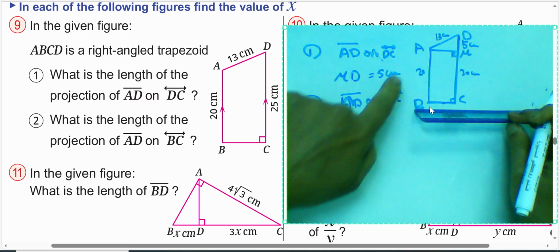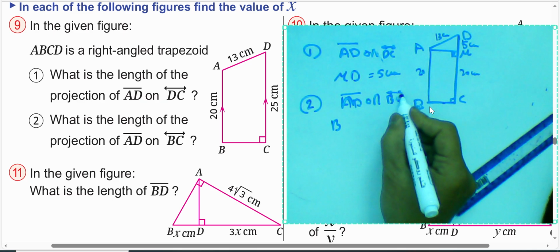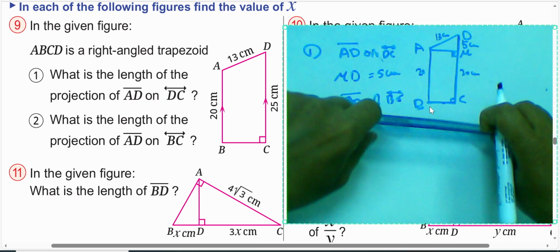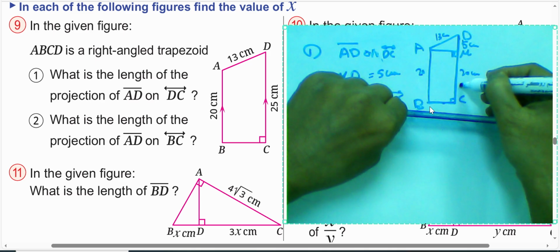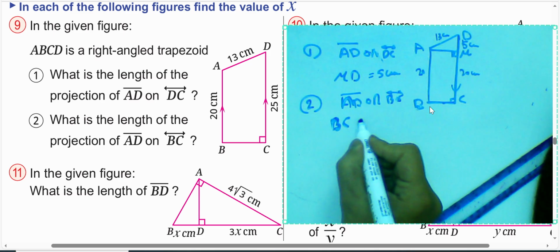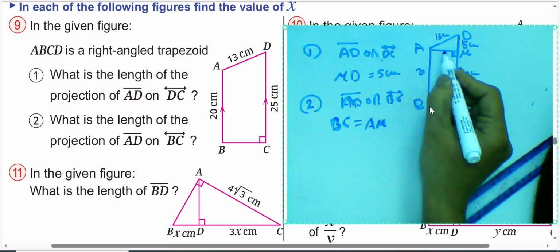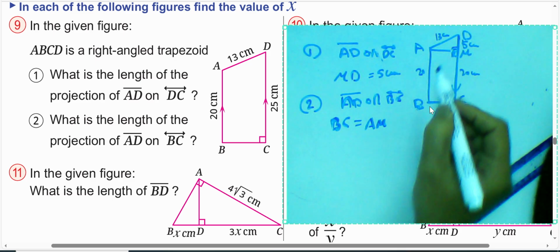The projection of A will be going back to B, and the projection of point D going to point C. Then we have BC. BC equals what? Equal EM. We can find EM from Pythagoras theorem about the right angle triangle here.